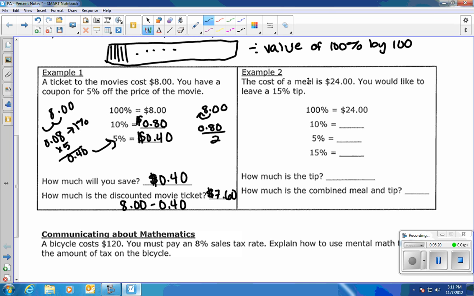All right, let's look at another one. The cost of the meal is $24, so that's 100%. You would like to leave a 15% tip. Well, if I divide by 10, that's going to give me 10%. If I already have 10%, I can divide by 2 to figure out what 5% is. 15% is 10 and 5% added together.